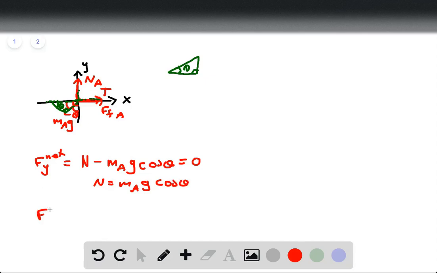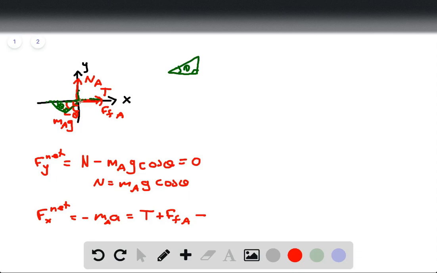And in the x direction, we do have acceleration, in the negative direction, going down this plank. Starting with the positive direction, we have the tension and the frictional force.